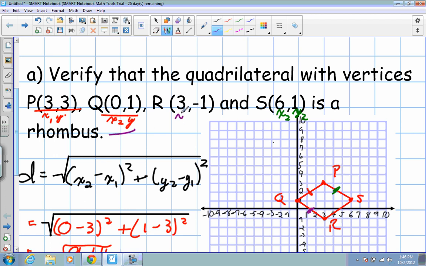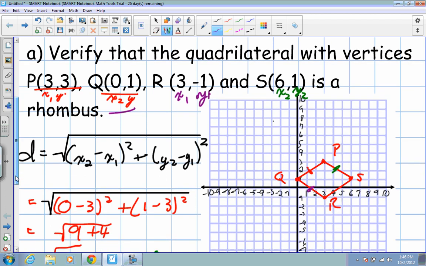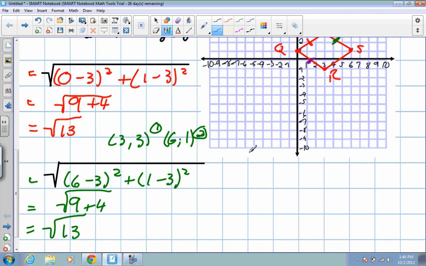We'll call this x1 and y1. Hey, the color changed. Alright, x2, y2, x1, y1. So we're looking at 0, 1, 3, negative 1. So 0, 1, 3, negative 1 are our points. This will be our 1, this will be our 2.